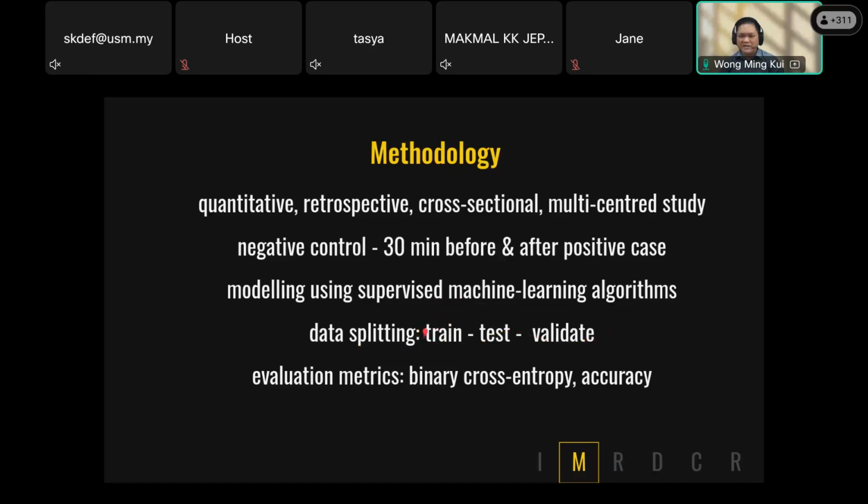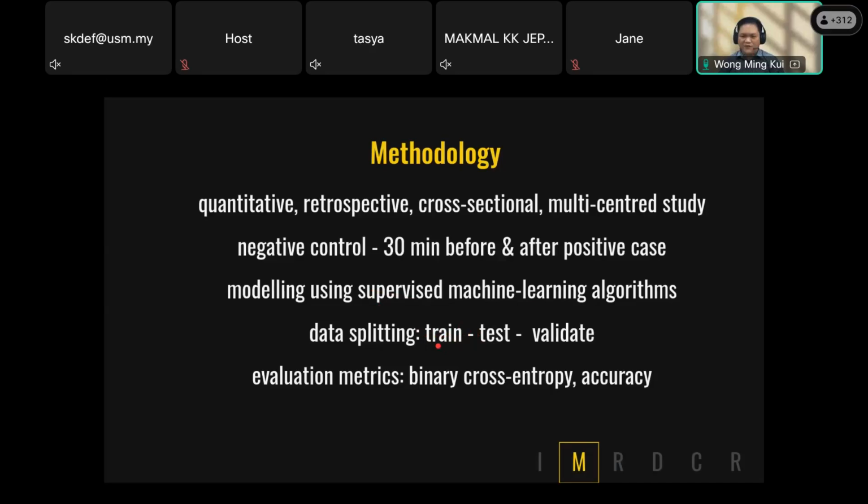In training, this is where, as I mentioned, in supervised machine learning, we train the AI model with labeled images. So we tell them this image is positive and the other image is negative. So they will know which images are positive and which are negative.